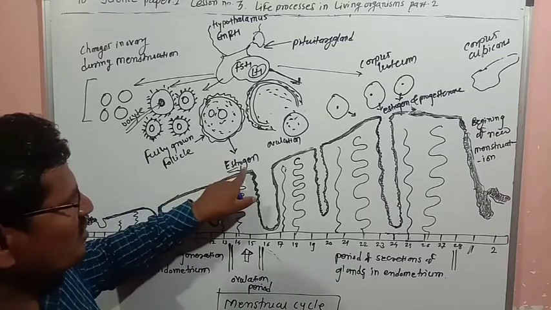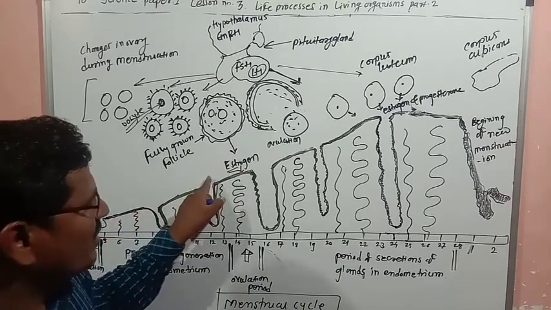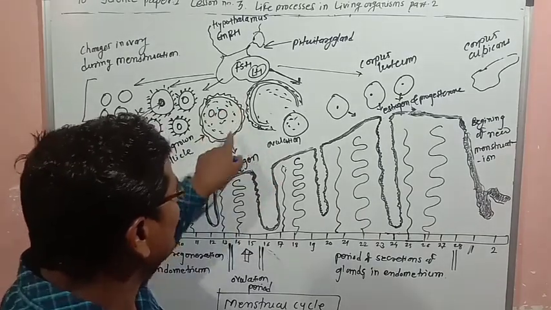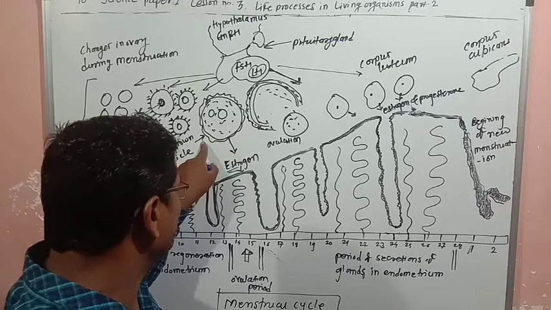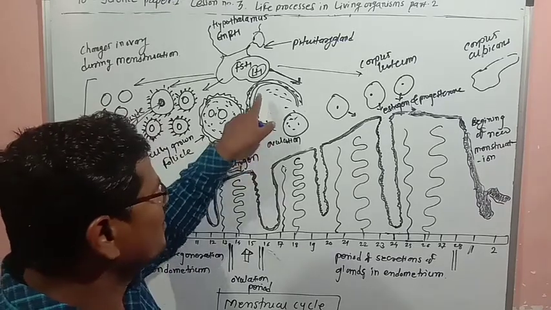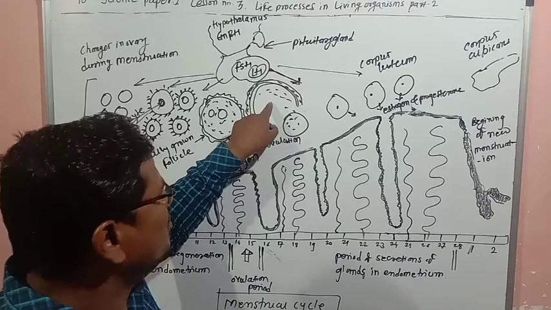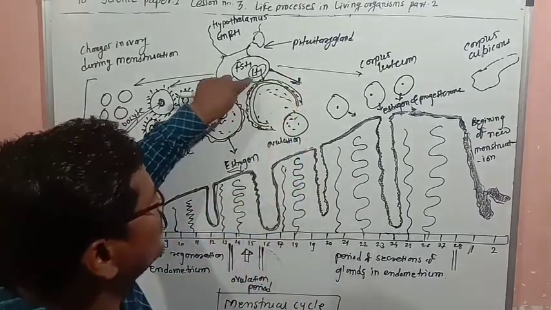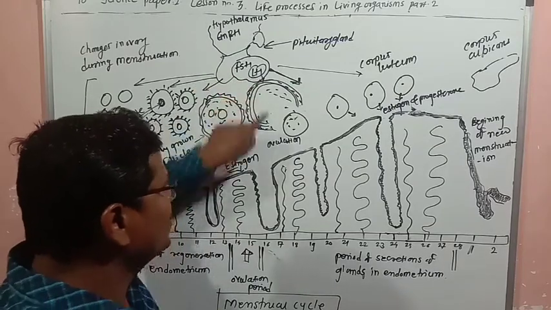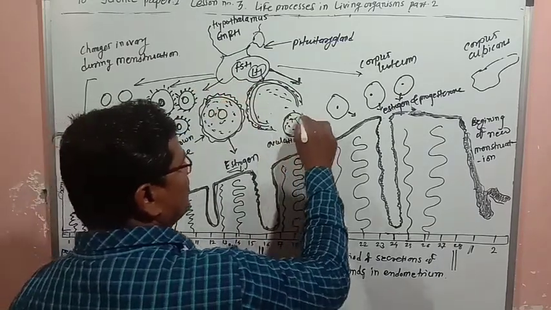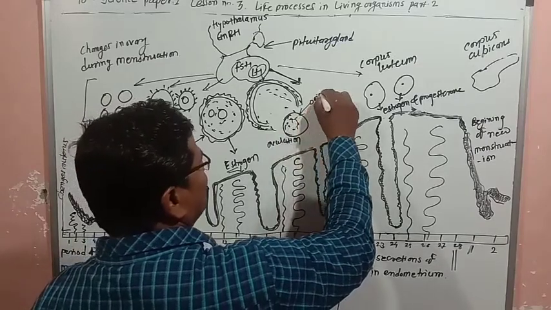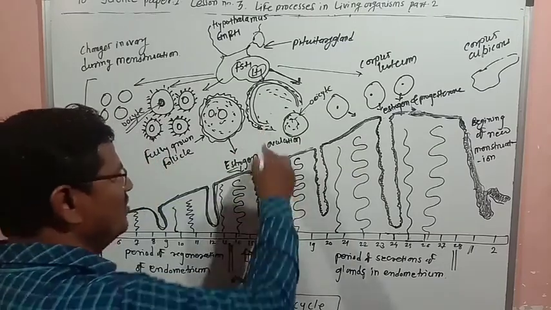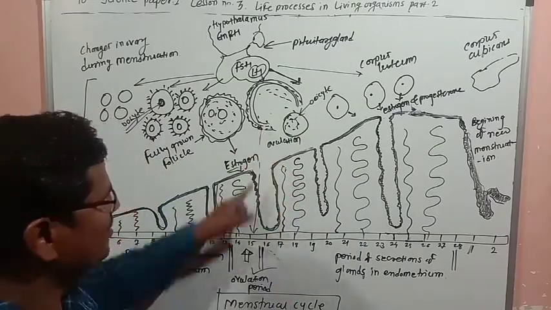Then when that particular follicle gets completely matured, a fully grown follicle, it bursts under the effect of LH, luteinizing hormone. After bursting it releases the oocyte, and this is called ovulation.